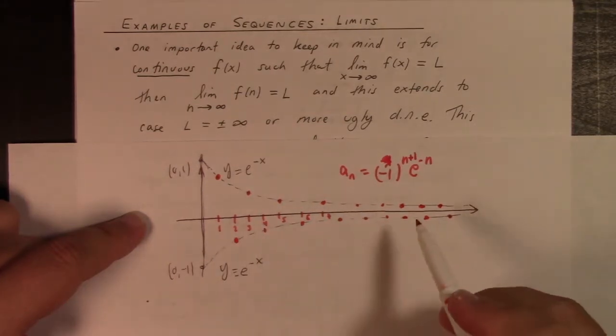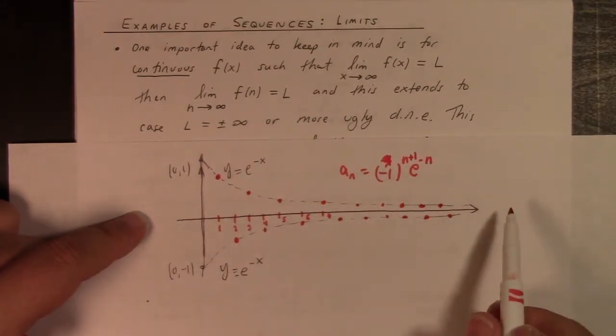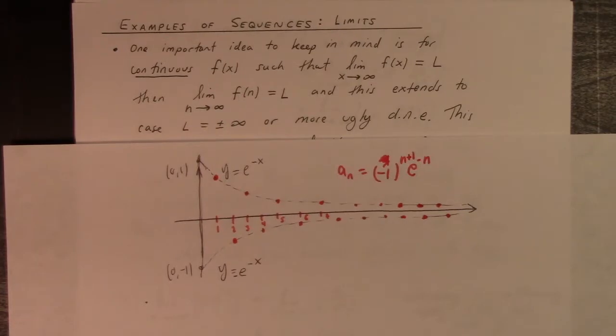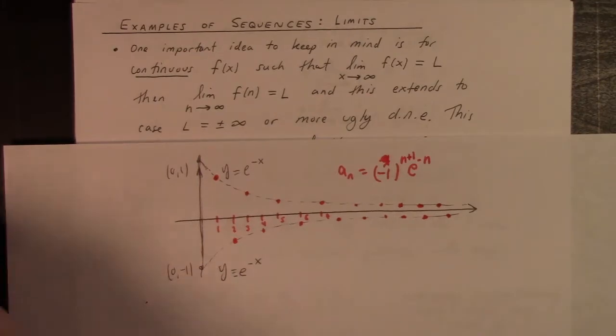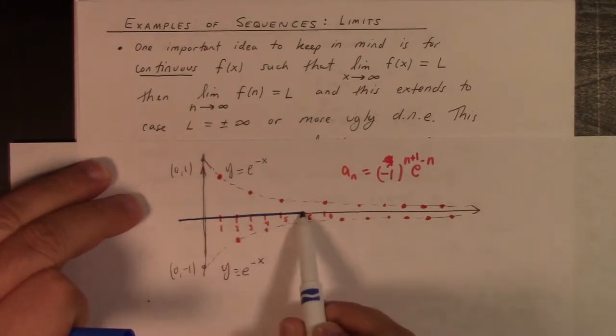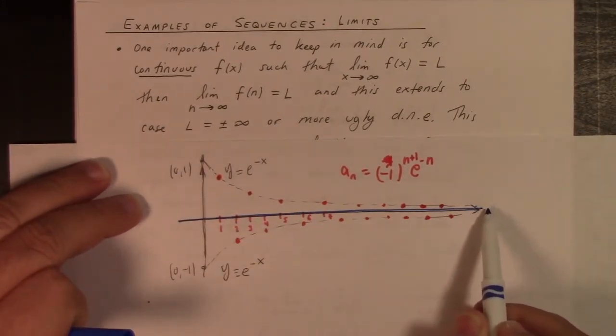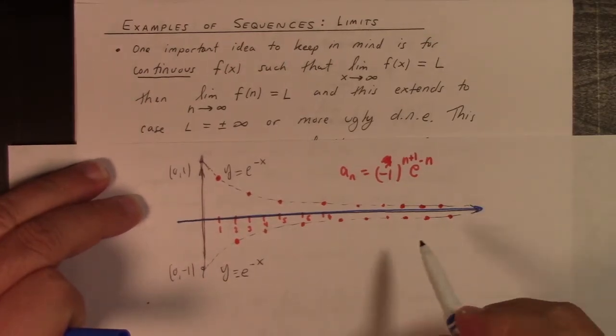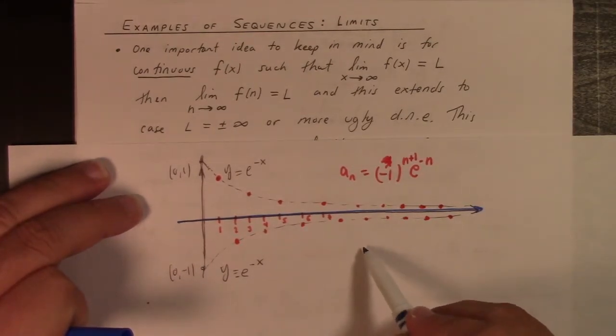Anyway, you can see that these are all tending towards the axis here; their eventual fate is to converge to the axis. As n goes to infinity, we can see what's going to happen.